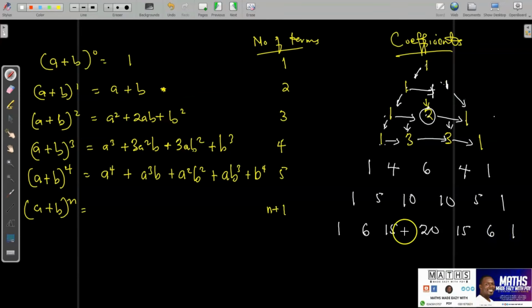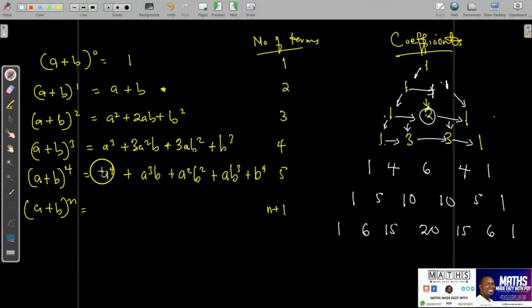All right. So these are the coefficients generated from the expansion of a plus b. So we have power 0, power 1, power 2, power 3, power 4, power 5, power 6. You can even go ahead and write the coefficient for power 7. So from whatever we've written here, power 4, please watch this.